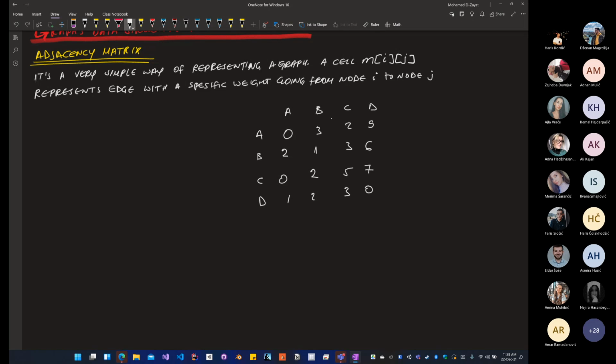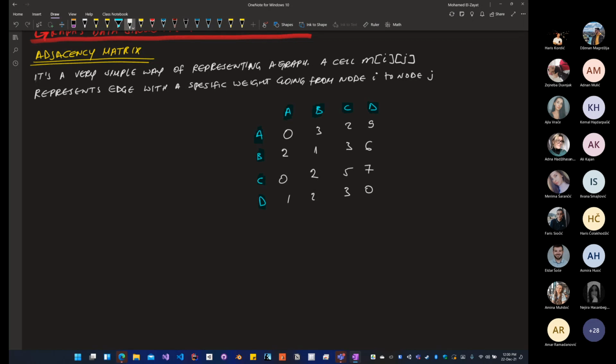So you could have something like that. Let me adjust it a little bit so you can differentiate this.